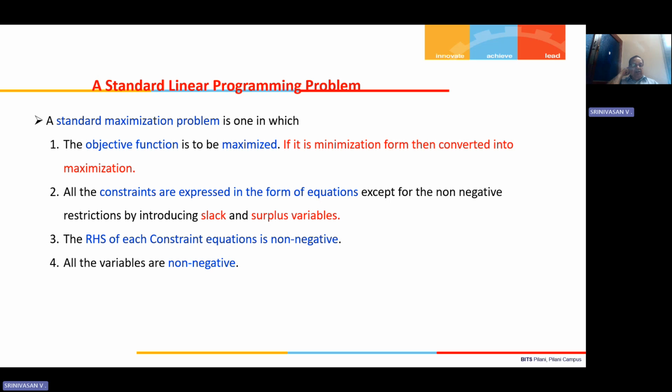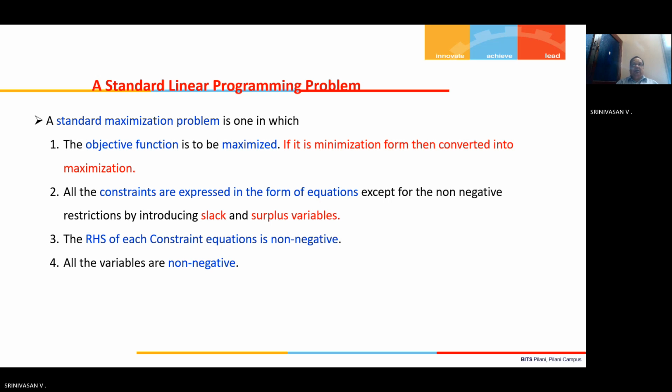All the constraints are expressed in the form of equations, except for the non-negative restrictions. Non-negative restrictions mean for the decision variables, for which we will not be making any compromise or equality. We will just put them as greater than or equal to 0 because we want them to have such a non-negativity restriction.